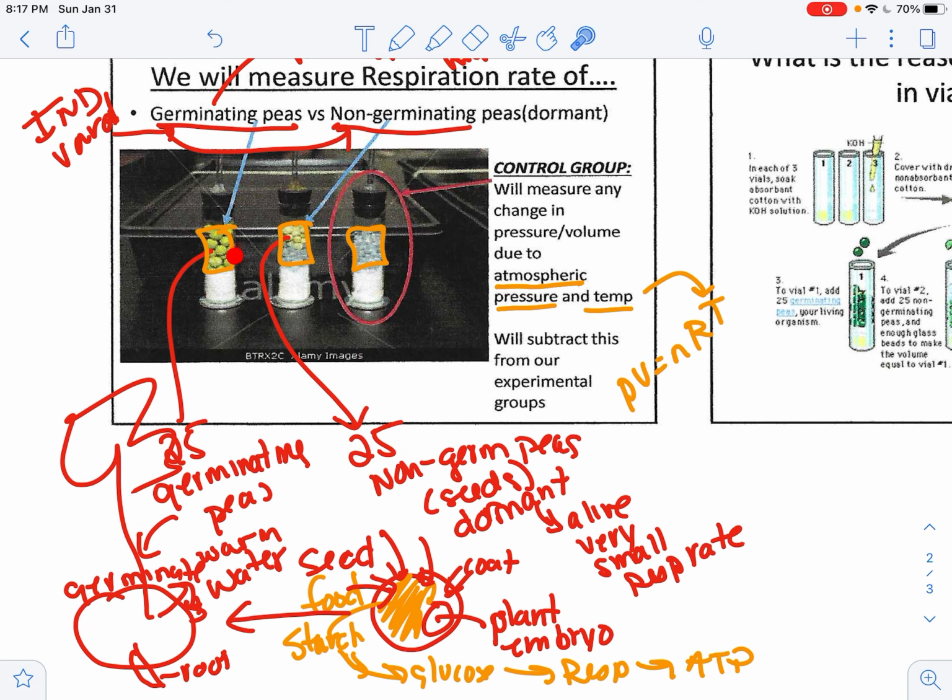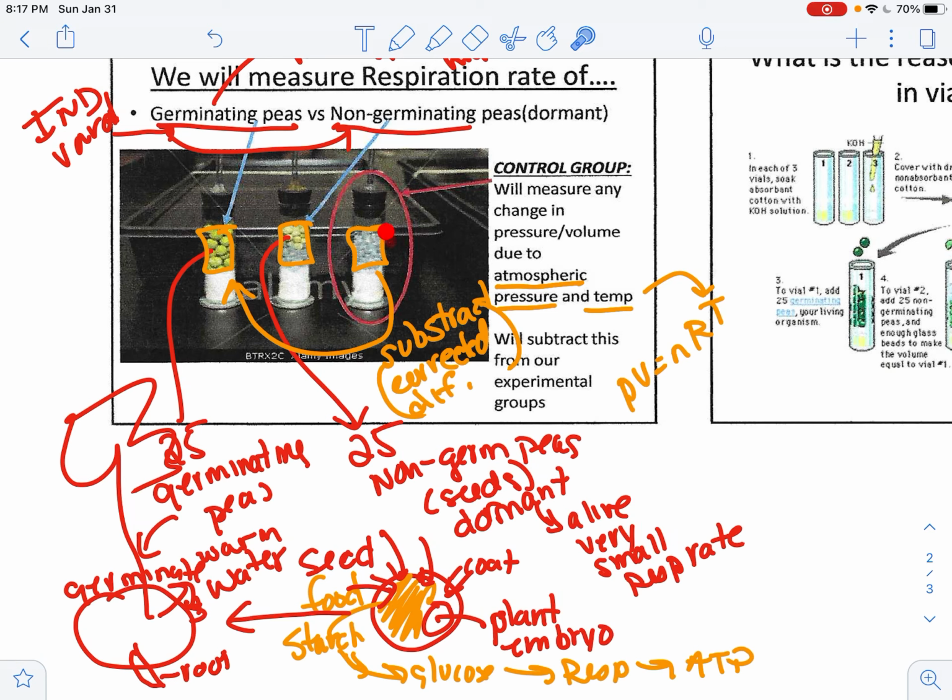So if this one goes in, let's use simpler numbers, 2 milliliters and this one goes in 10, I have to subtract. We're going to have to subtract and do what we call the corrected difference. I know I'm talking fast and this is very sloppy, but the lab's going to go over all this, all the videos I'm going to have you watch.